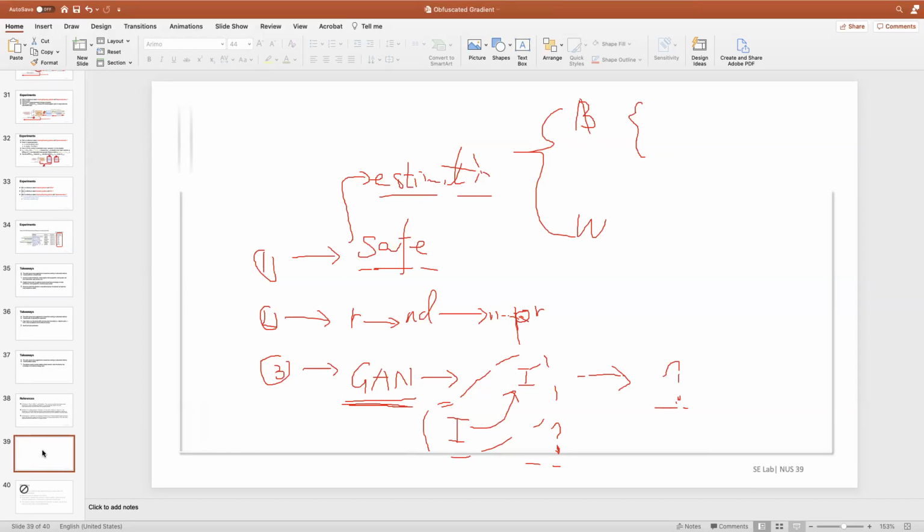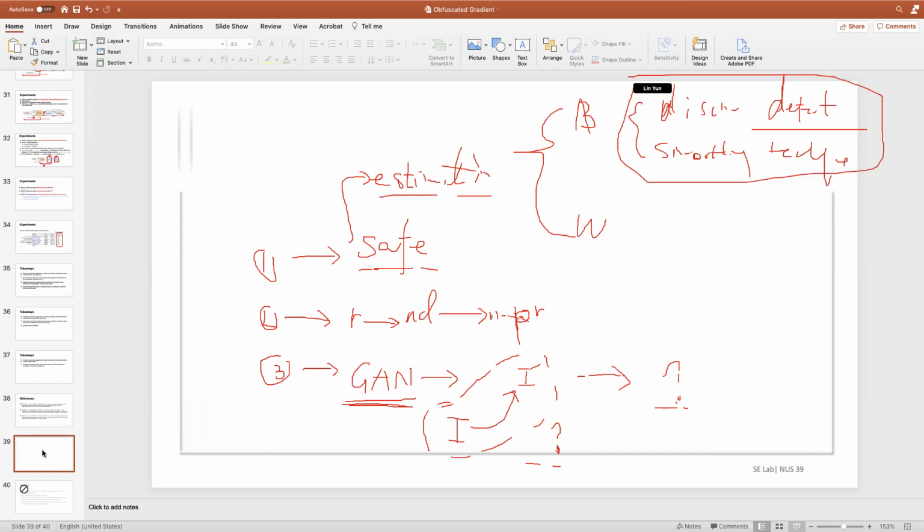So the first is universal discretization detection. The second is smoothing. Given arbitrary discretizations, is there an arbitrary smoothing technique? If we can solve these two questions, I assume that we will have another good submission.